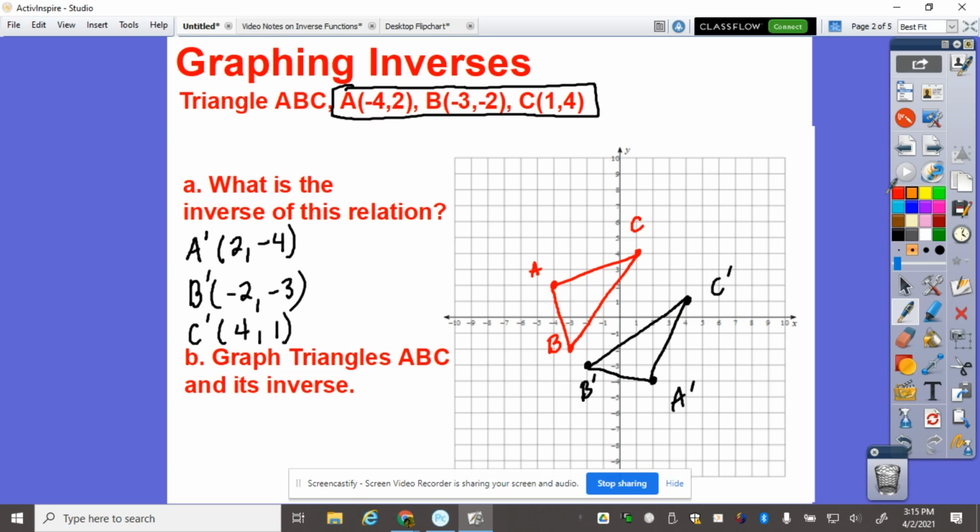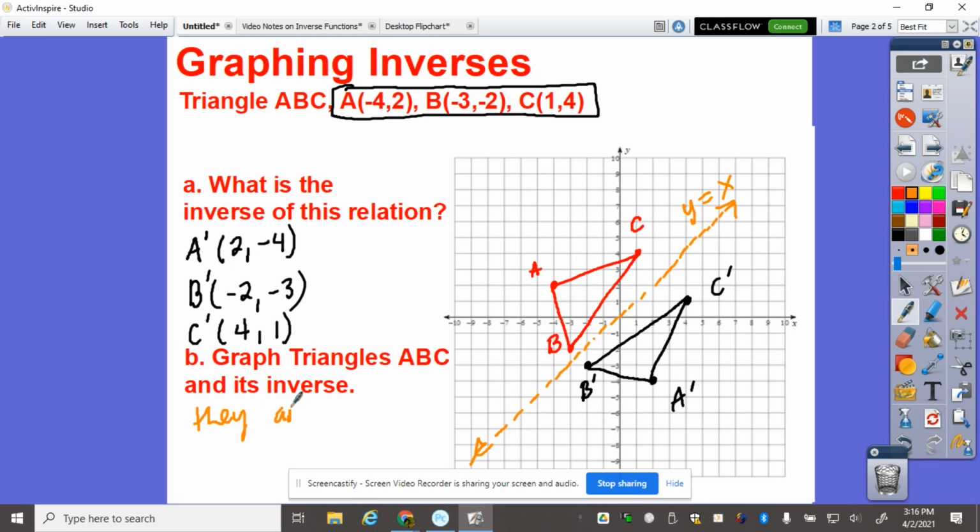The two triangles here are symmetrical, or a reflection image, with respect to this line here. And what do you call that line? That's the identity function or identity line, which is y equals x.